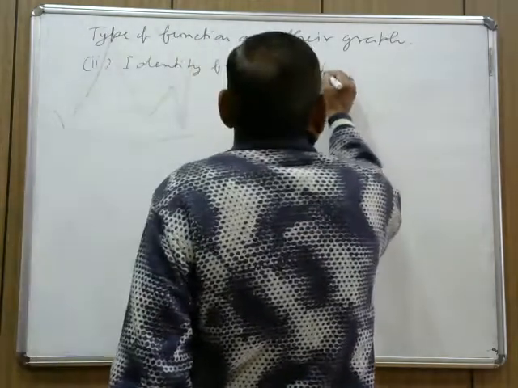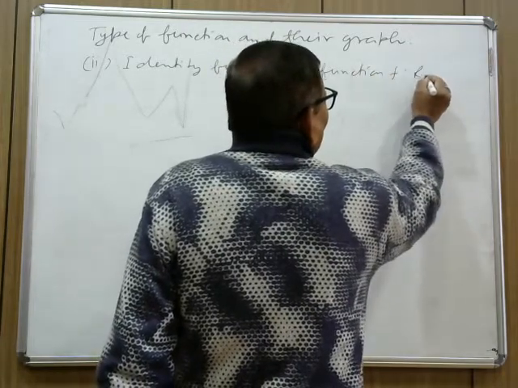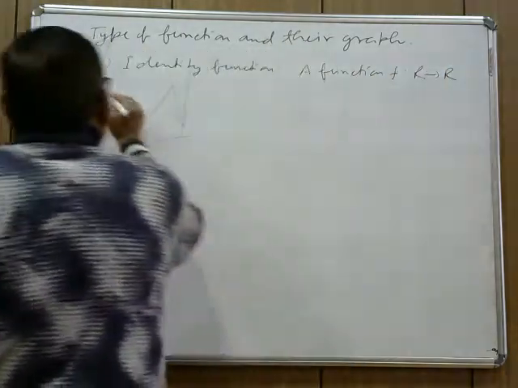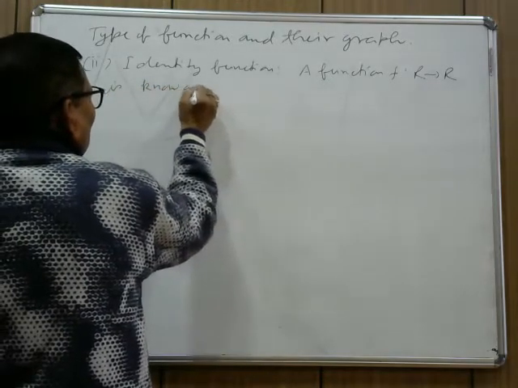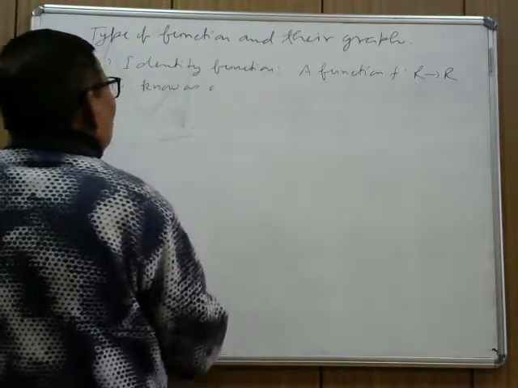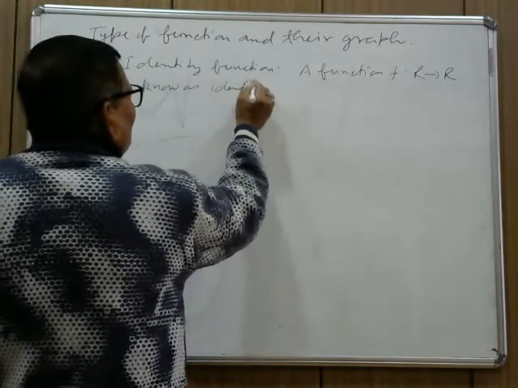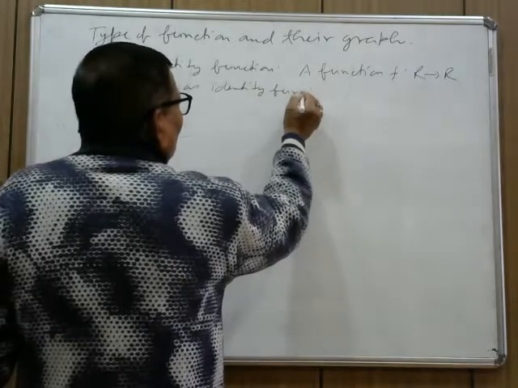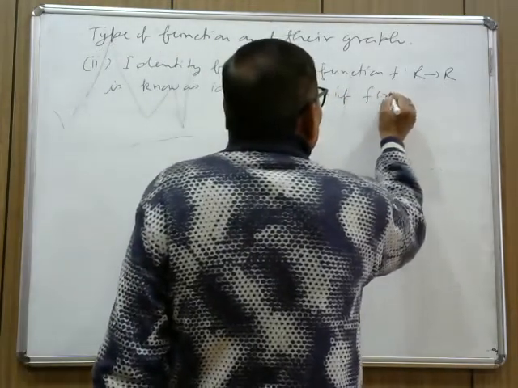A function f such that R to R is known as the identity function if f(x) equals x.